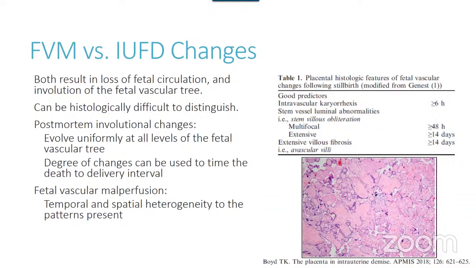So if you have, let's say, villostromal vascular karyorrhexis involving most of your placenta, but then you have a particular area which has avascular villi. Now, avascular villi means we've been around a lot longer than just villostromal vascular karyorrhexis. We're talking about days versus hours. So that is an indication that before the fetus died, there was a loss of circulation in the fetal vasculature, and therefore it is likely to be FVM in addition to IUFD.